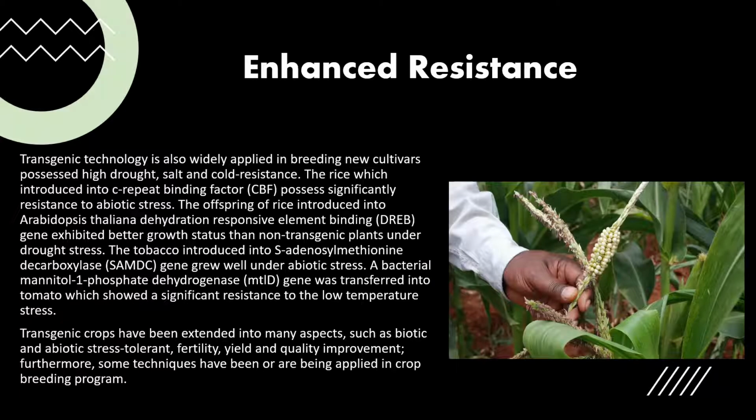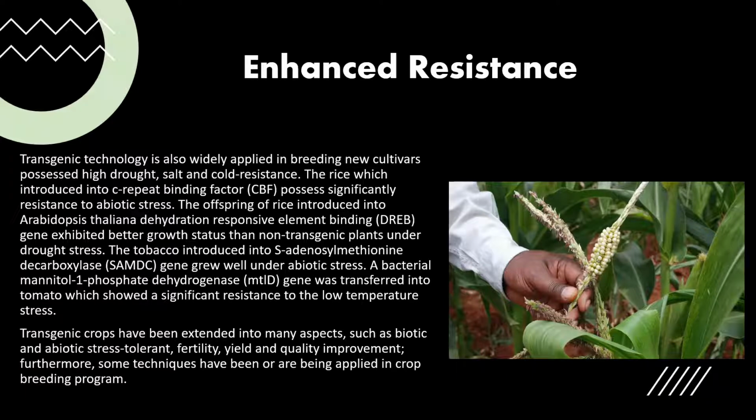Enhanced resistance. Transgenic technology is also widely applied in breeding new cultivars possessing high drought, salt and cold resistance. The rice, into which the repeat binding factor CBF was introduced, possesses significant resistance to abiotic stress. The offspring of rice introduced with the Arabidopsis thaliana dehydration responsive element binding DREB gene exhibited better growth status than non-transgenic plants under drought stress.